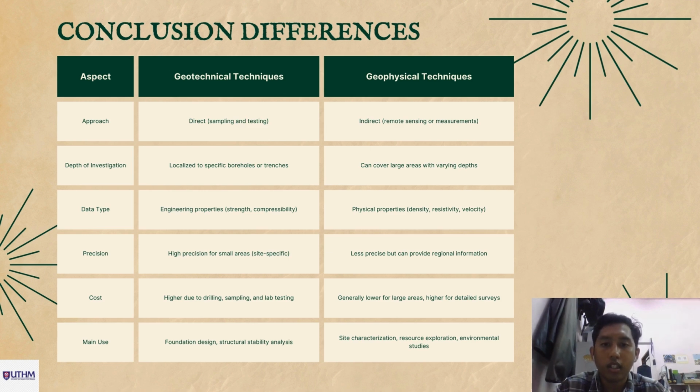For geophysical techniques, cost is generally lower for large areas, but higher for detailed surveys. And the last one is the main use aspect. For geotechnical techniques, it is foundation design and structural stability analysis, and for geophysical techniques, it is site characterization, resource exploration, and environmental studies.